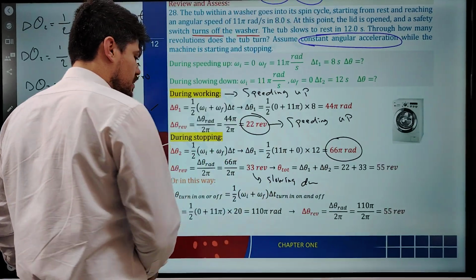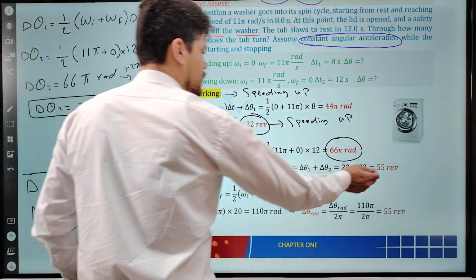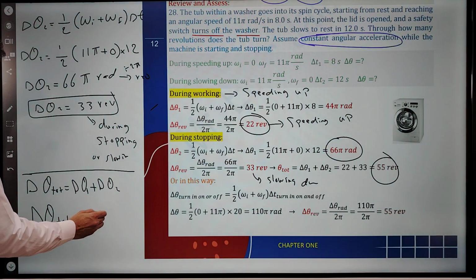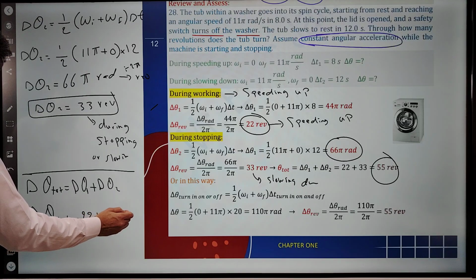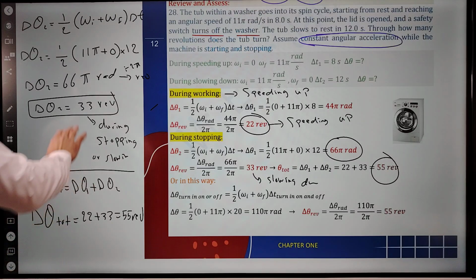So theta total is 22 plus 33, which is equal to 55 rev.